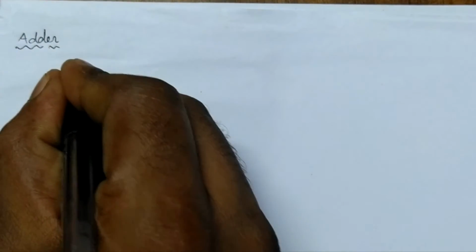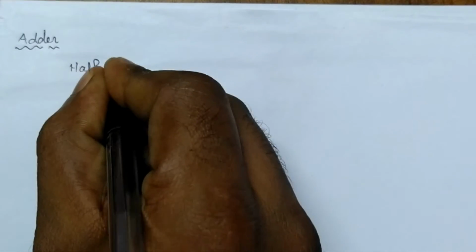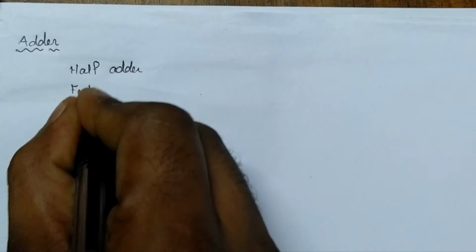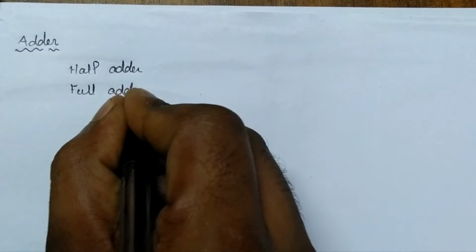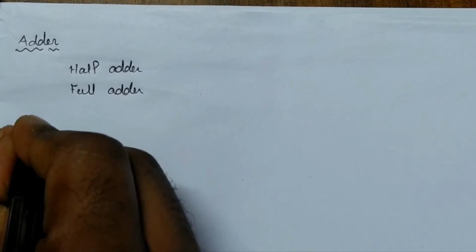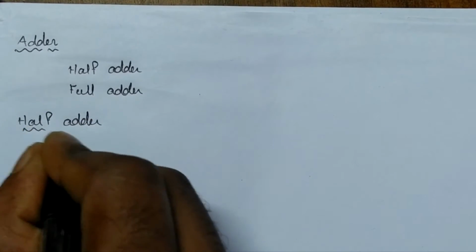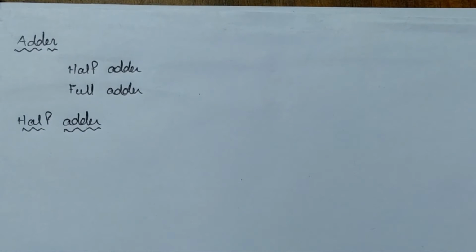In this video we are going to see adder. So here we are dividing it into two: half adder and full adder. In the half adder we will have two binary inputs.